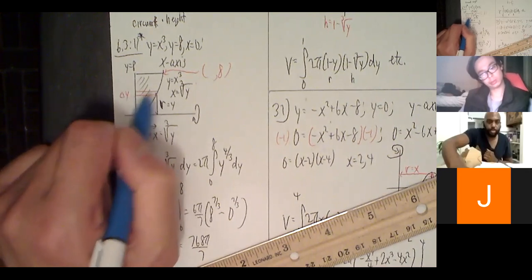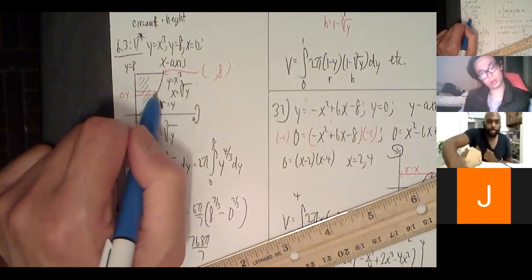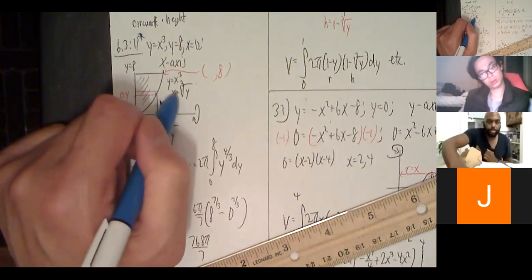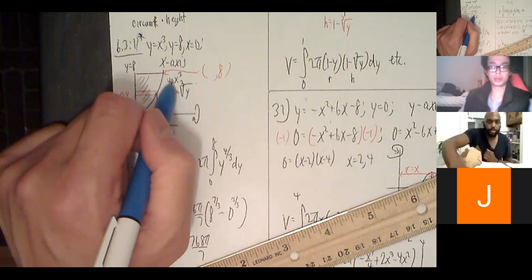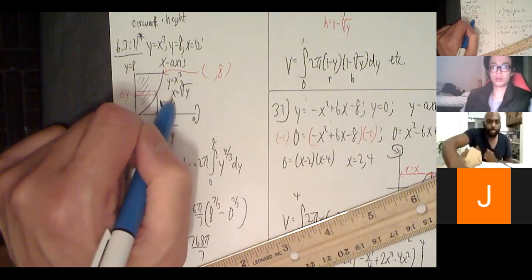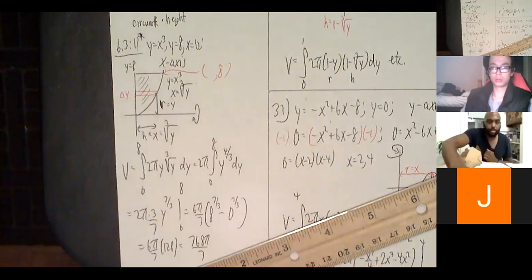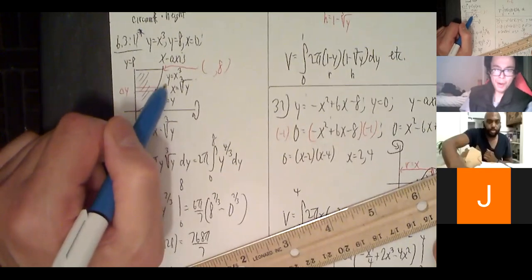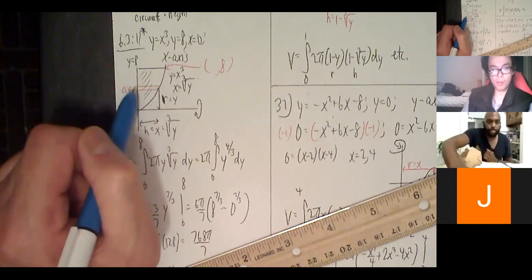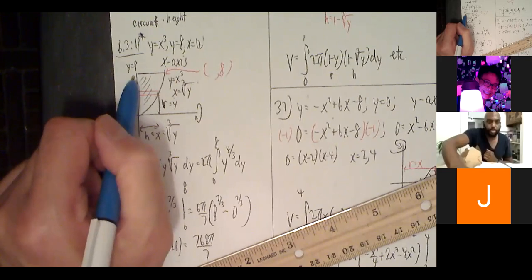And my height here is x. Well, what is x? x is equal to the cube root of y. They started off with y equals x cubed, so if I take the cube root of both sides, x equals the cube root of y. So if I'm integrating with respect to y, y goes from 0 to 8.